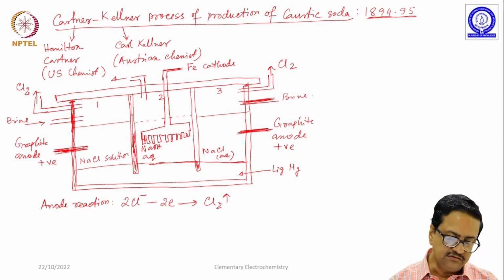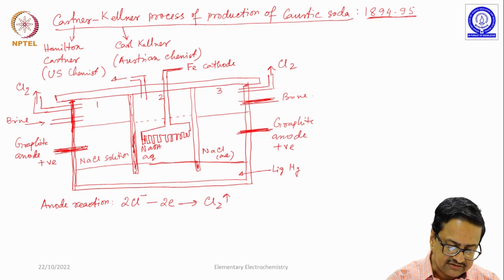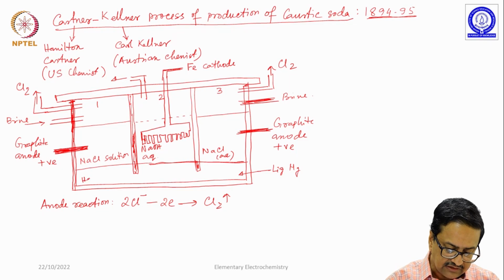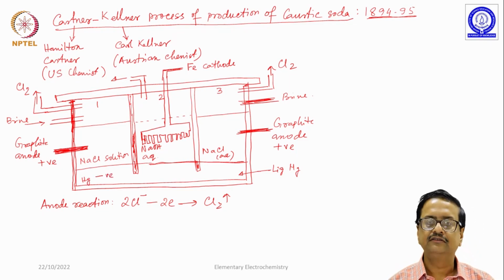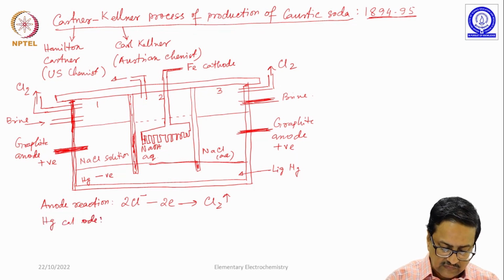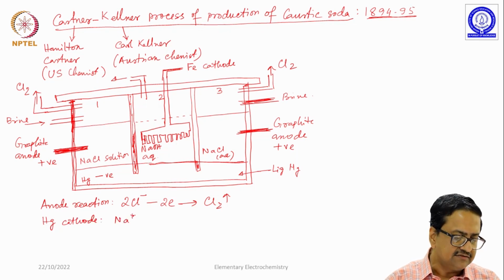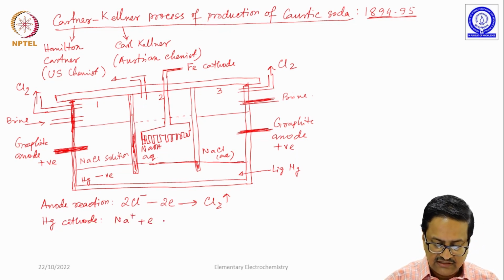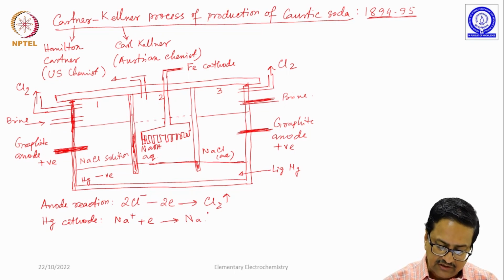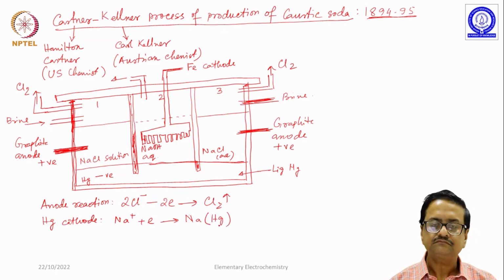In the process, this graphite is your positive electrode and mercury acts as the negative electrode. At the Hg cathode, Na plus ions are taking up electrons and becoming sodium metal, and when sodium metal comes in contact with mercury it becomes sodium amalgam.